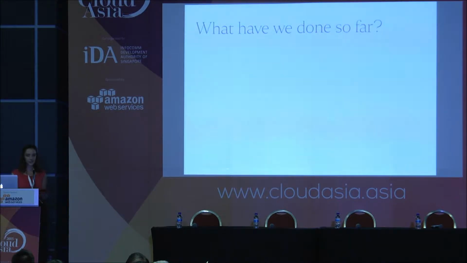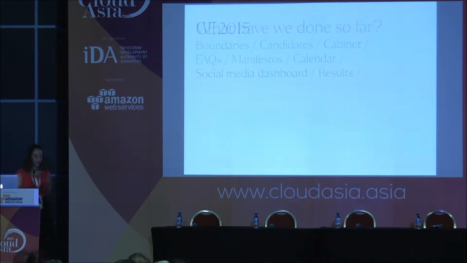Okay, so what have we done so far? Again, you can just follow on, but first I'll start with the interactives package, the GE2015 package. So this consisted of a number of different interactives. We started off with the announcement of the changes to electoral boundaries, and had additional pages to detail every aspect of the election, right up to the live real-time results on election night.